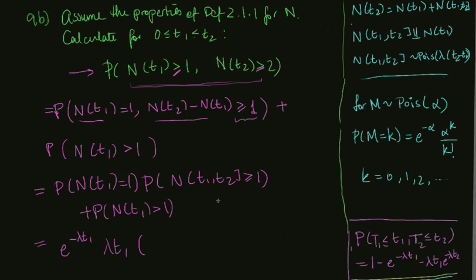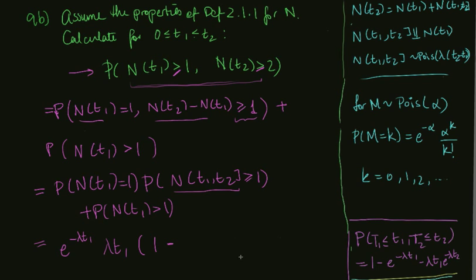Now my next term: I want to find the probability that this stochastic variable takes on the values 1, 2, 3, and so on. So it can take on any value except for the value 0. That is just the probability of it taking on any value, which is 1, minus the probability that the increment is 0.